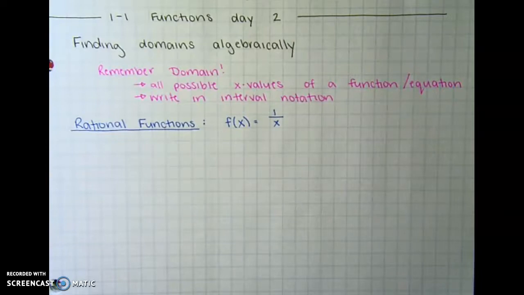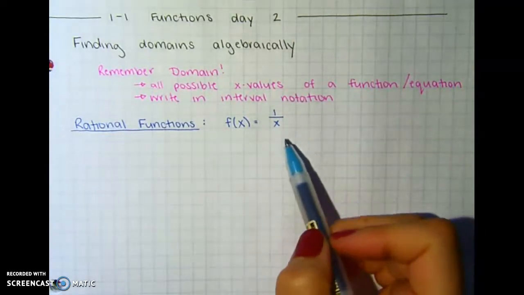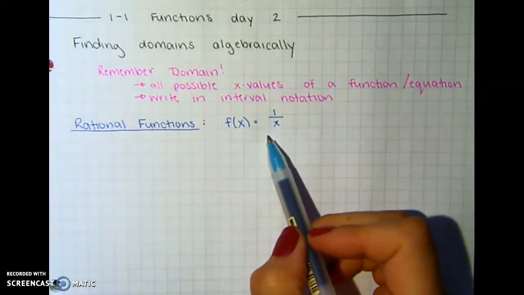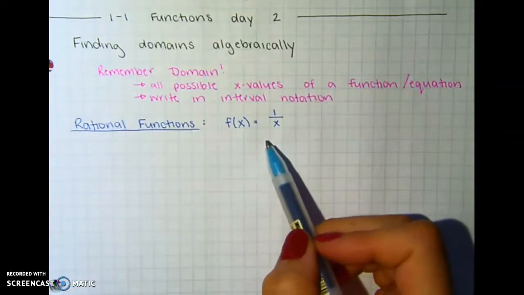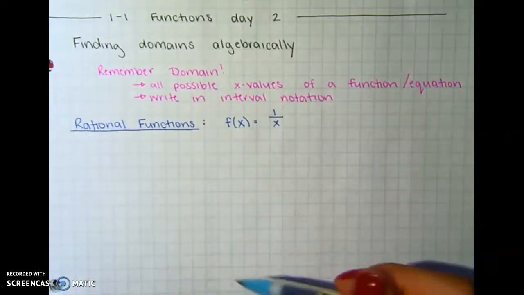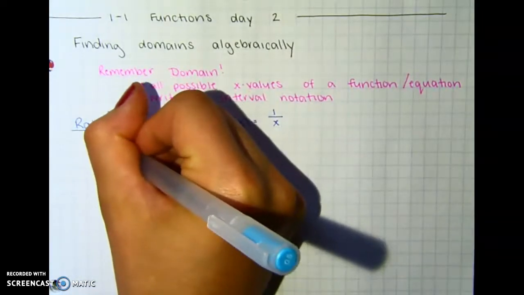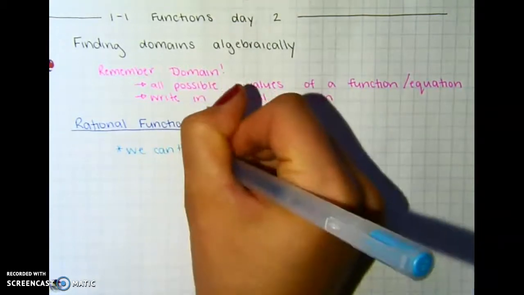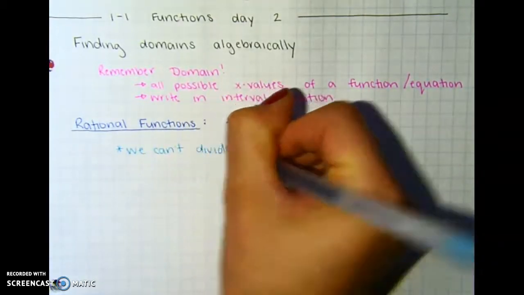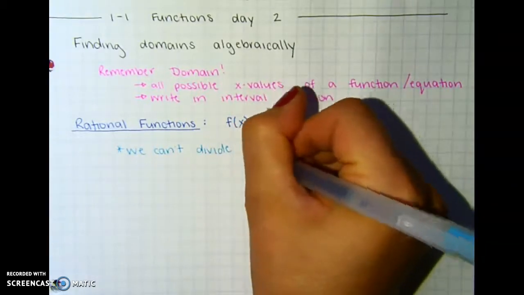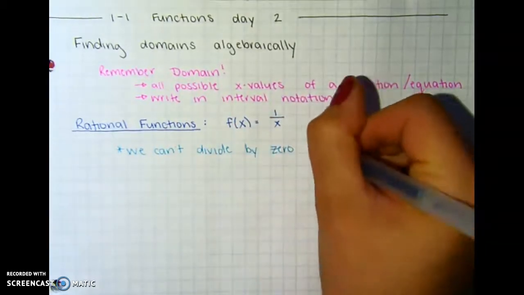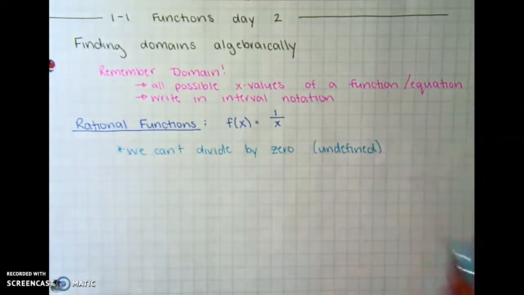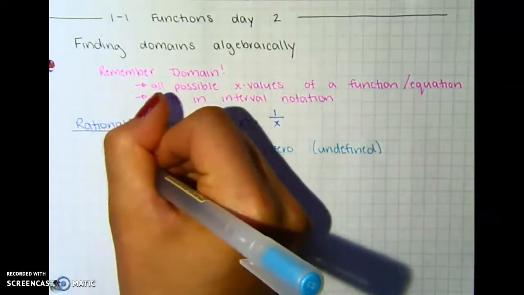So it's actually quite simple. Where is it undefined? Well, anytime the denominator is 0, the function will be undefined. Therefore, there'll be an asymptote. So keeping that in mind, we can't divide by 0, like I just said, because it will be undefined. So that's going to give us the restrictions.